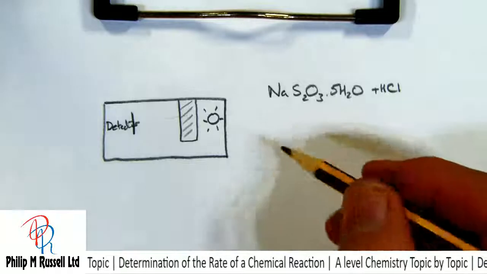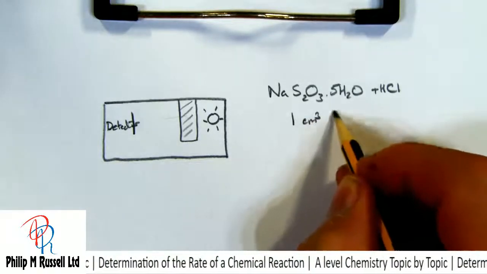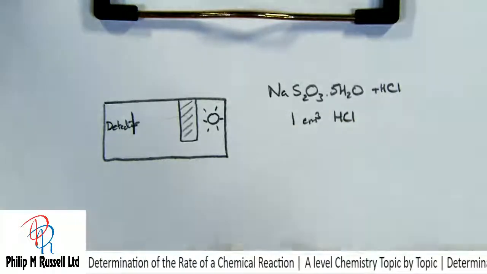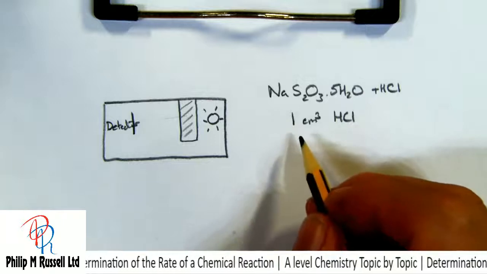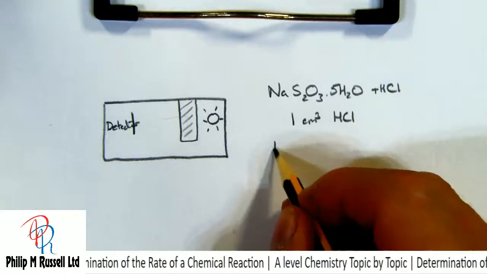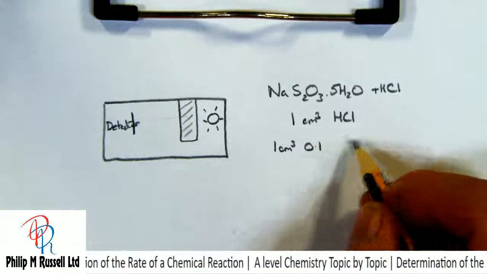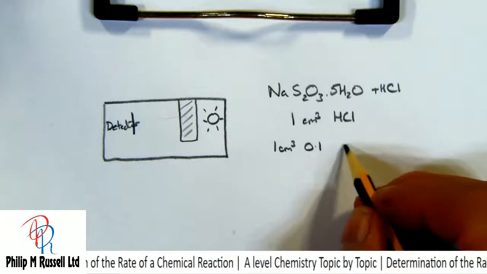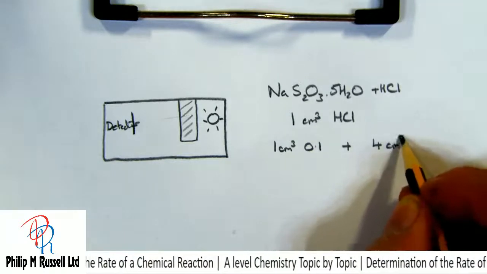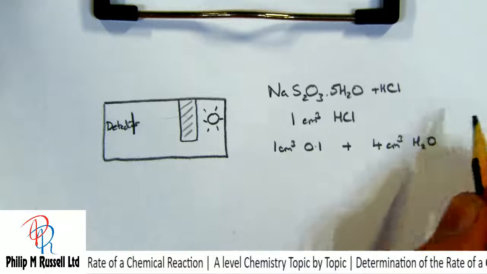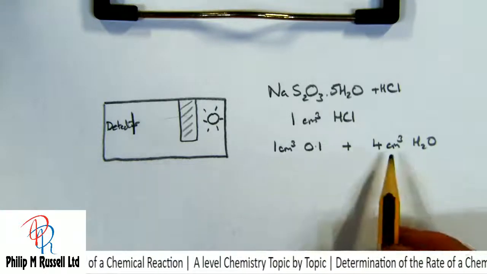I decided to use 1 centimetre cubed of HCl each time, and I reacted it with different amounts of thiosulfate. So I took 1 centimetre cubed of a 0.1 molar solution of thiosulfate, and I added to that 4 centimetre cubed of water, and we did the experiment and we got a curve.